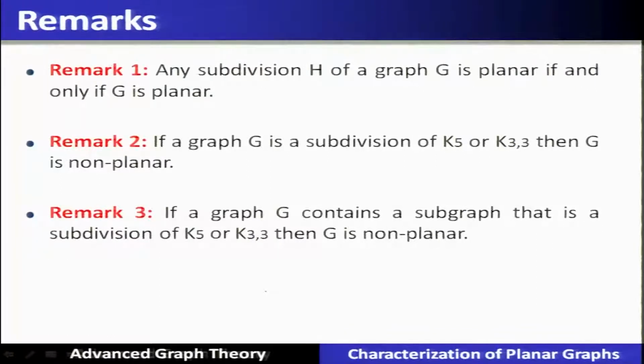So, if we obtain a graph H from G using the subdivision, and that G is K5 or K33, then any such subdivision which we obtain out of K33 and K5 is non-planar, and will prove that a given graph H is also non-planar.